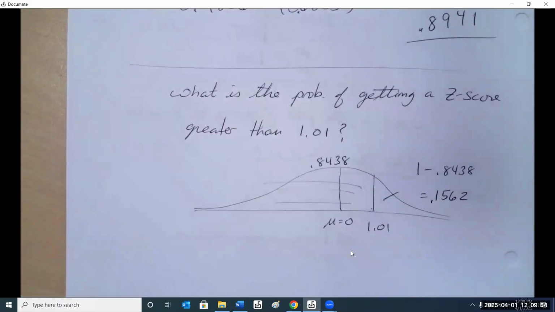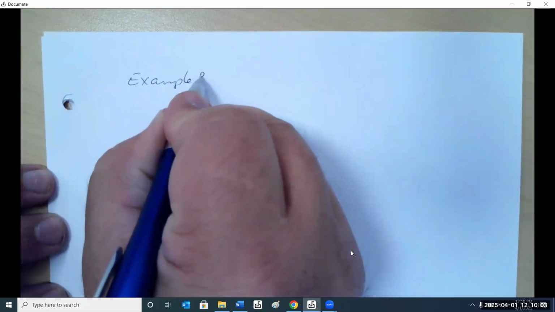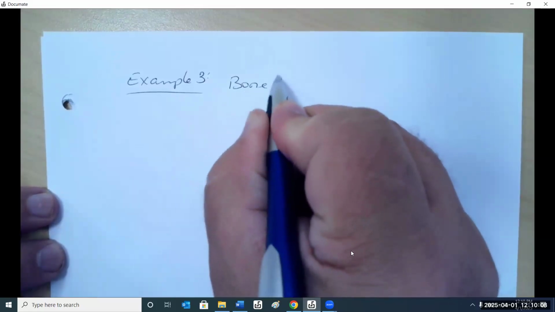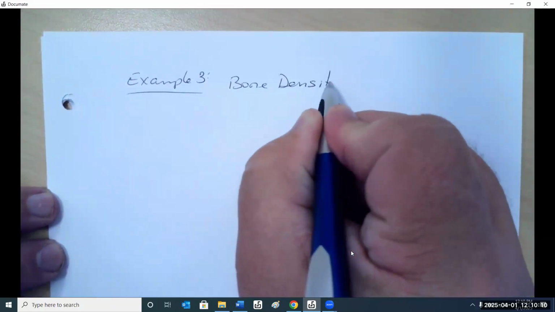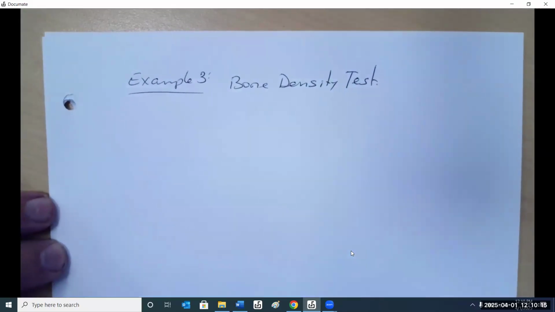All right, let's look at some of these here. Example 3 in notes. Bone density. It says, a bone mineral density test can be helpful in identifying the presence or susceptibility to osteoporosis, a disease that causes bones to become more fragile and more likely to break.